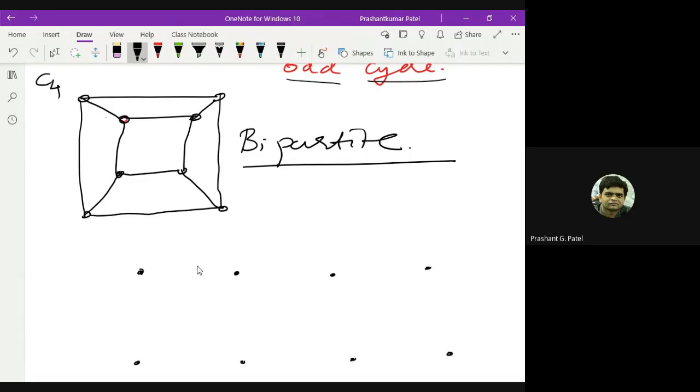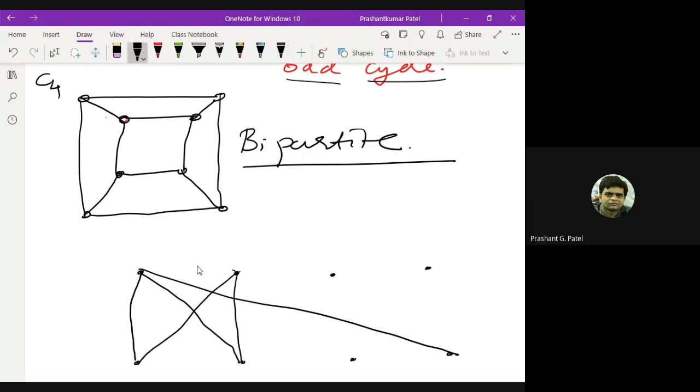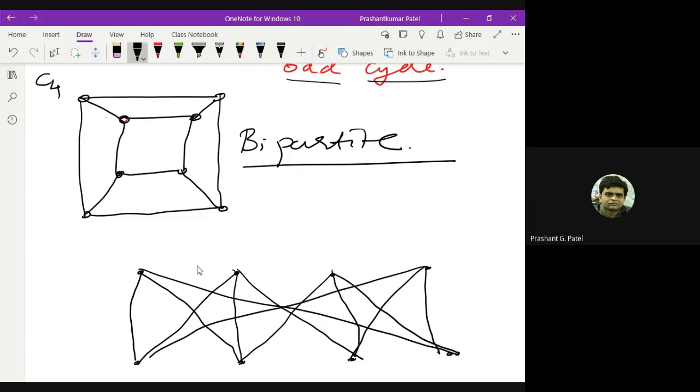Suppose this is the graph you have, and this is the graph I can plot. This is one vertex.